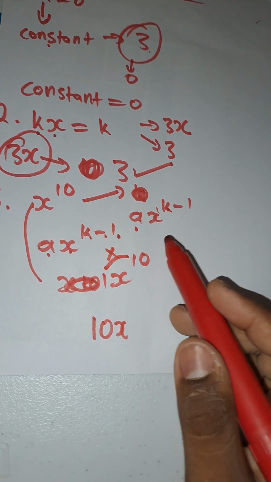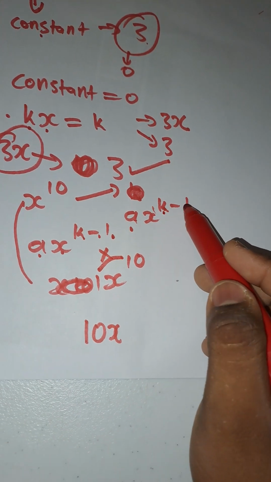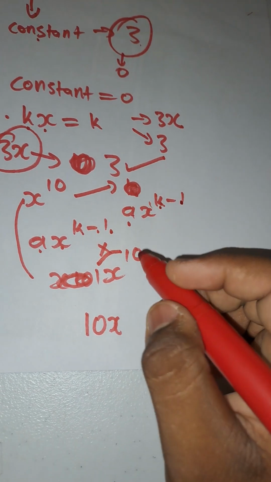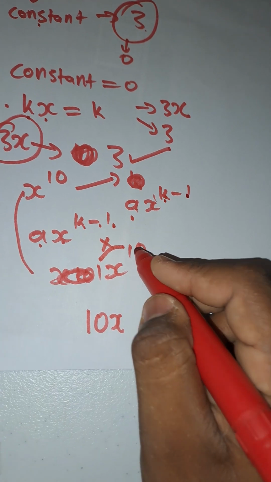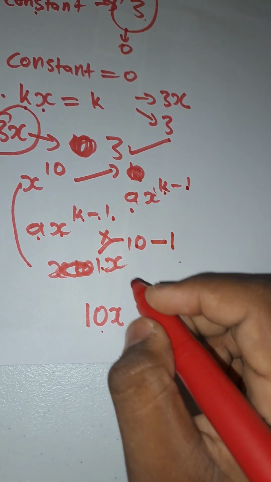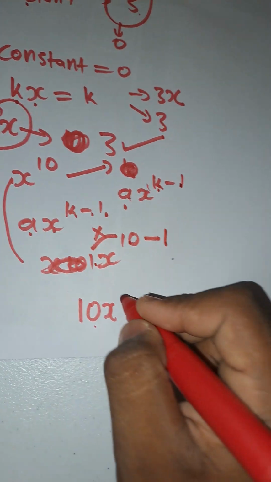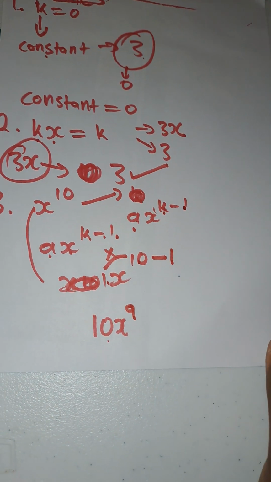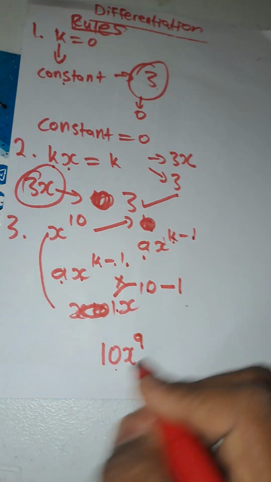But check your exponent. I said k minus 1. So it is the same as saying 10 times 1, which is 10, but the exponent is 10 minus 1, which will be 9. So it's 10x to the power of 9. Everyone? So check the things.